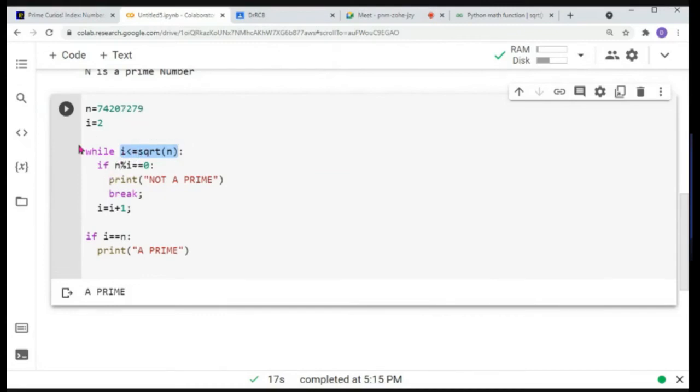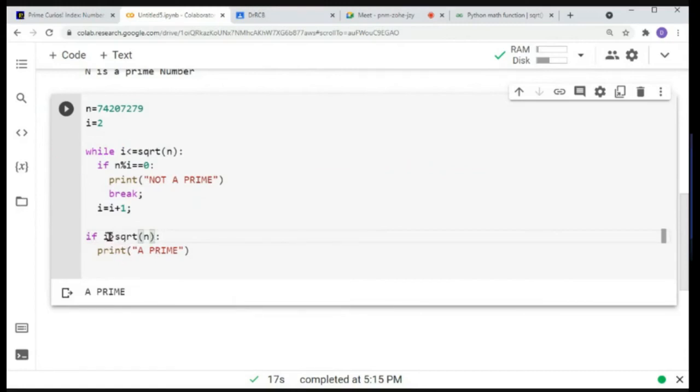If the control has to go out of the loop using this particular path, then the first value of i that violates this condition will be greater than square root of n. If the value of i is up to equal to square root of n, it would have come inside the loop. So if the value of i is greater than square root of n, then we can conclude that we didn't get a match.